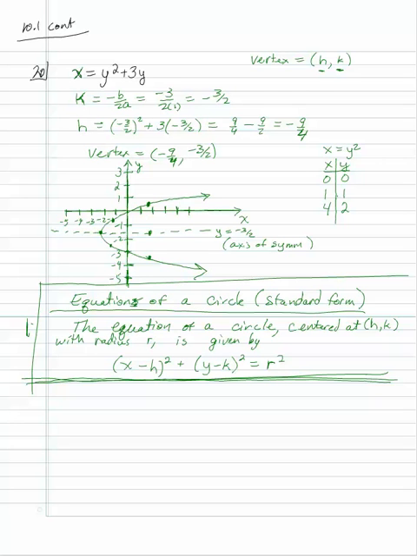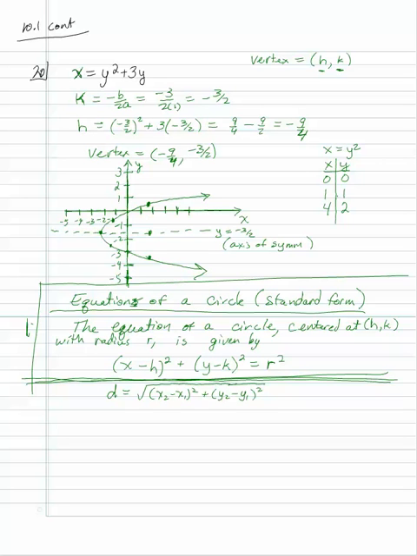But if you recall, the distance formula is d equals the square root of (x sub 2 minus x sub 1) squared plus (y sub 2 minus y sub 1) squared.